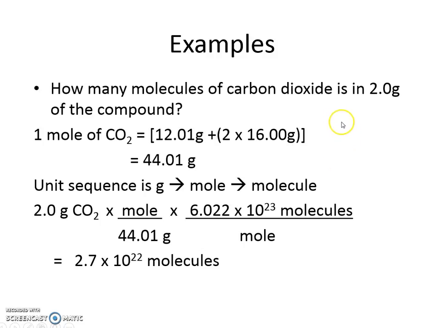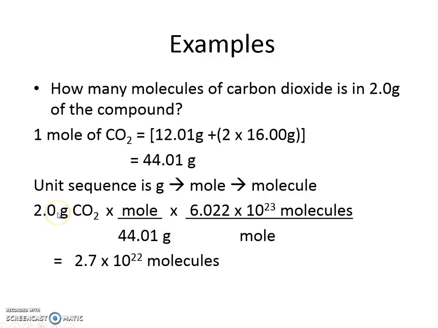Here's an example. How many molecules of carbon dioxide are in 2 grams of the compound? Well, we can figure out the molar mass of carbon dioxide by summing up 12.01 grams for carbon and 2 times 16 for the oxygen, and that gives us 44.01 grams. Now, the unit sequence is going to have to be gram to mole to molecule.